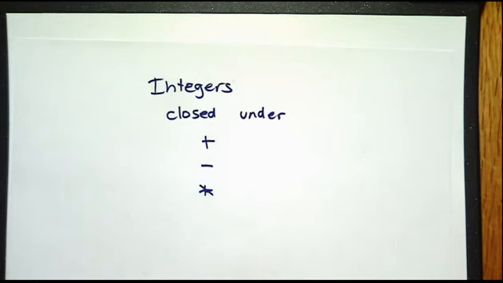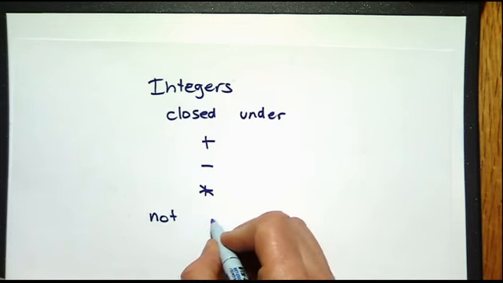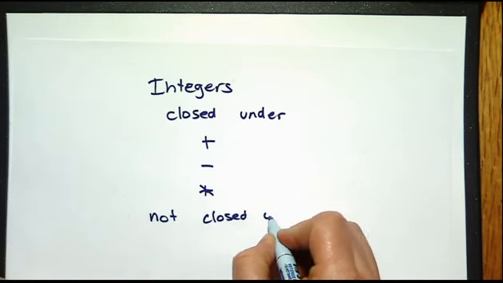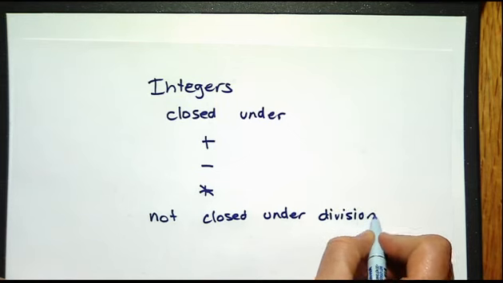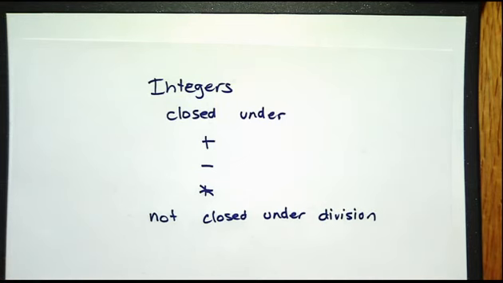That would give me the rationals, right? So it's not closed under division. So seeking to have a set that is closed under the division operator is what results in the rational numbers. Because the rational numbers are all the integers plus all the combinations of all the integers divided by each other.